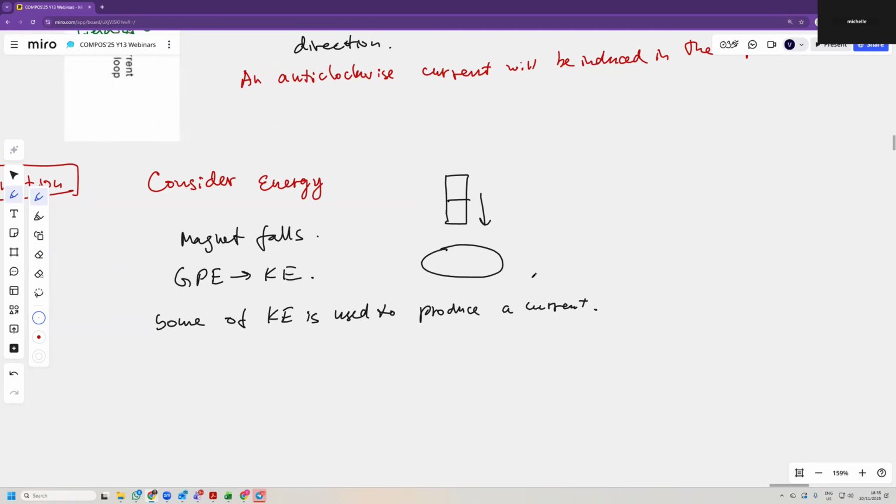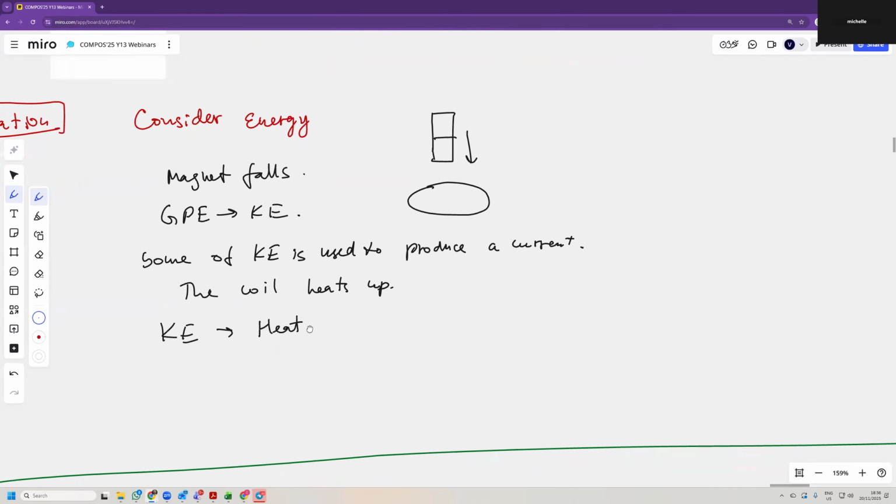Therefore, you have kinetic energy transforming into heat. So the kinetic energy has to decrease. So the coil slows down the magnet.